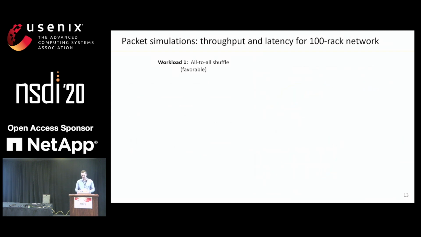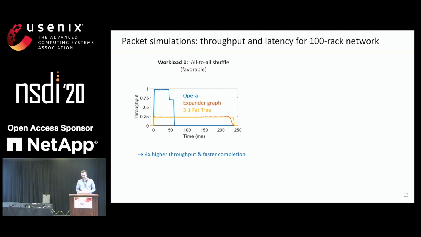Just to set the stage, these are packet level simulations, and so we were restricted to simulating relatively small networks. The networks I'll be talking about here have about 100 racks. The first workload we considered was an all-to-all shuffle, where every server sends data to every other server. This is a favorable workload for Opera because it places a very high traffic load on the network.